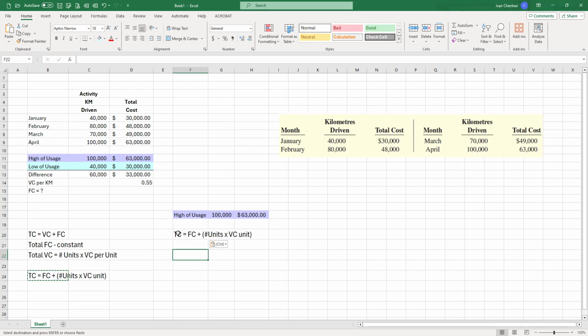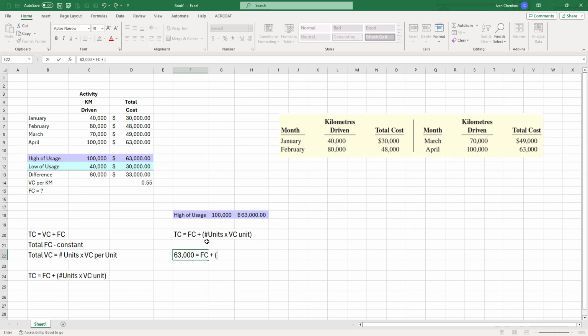I know my total cost. My total cost is 63,000. What else do I know? I don't know my fixed cost. Fixed cost is unknown, plus, in the brackets, what I know.